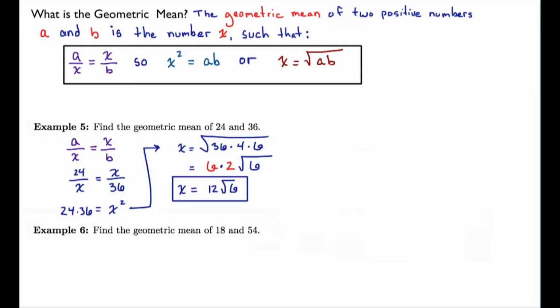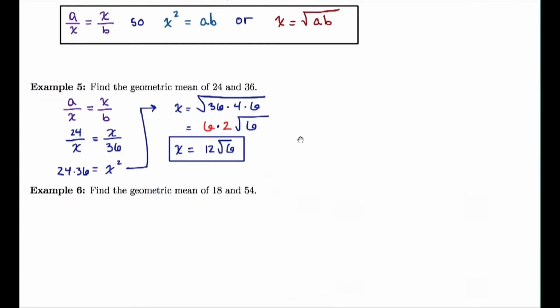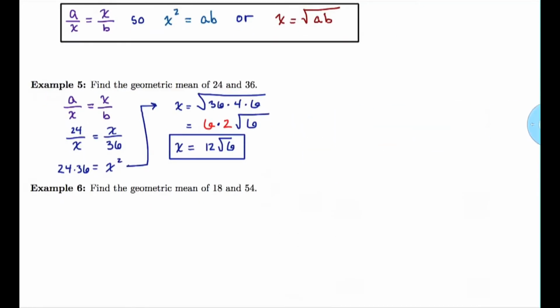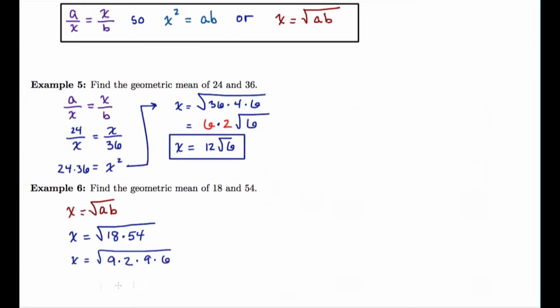So let's find the geometric mean of 18 and 54. I'm going to use the right equation here, already solved for x. x equals square root of ab. So I'm just going to substitute 18 for a and 54 for b. And I know some factors here that are perfect squares. 9 times 2 is 18, and 9 times 6 is 54.